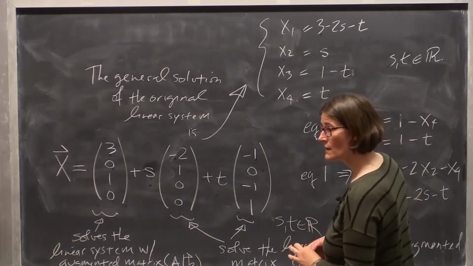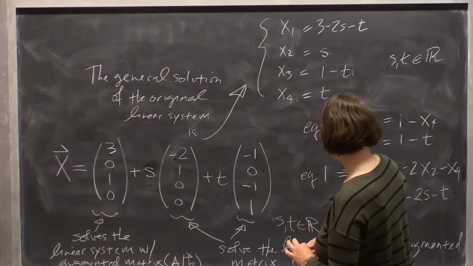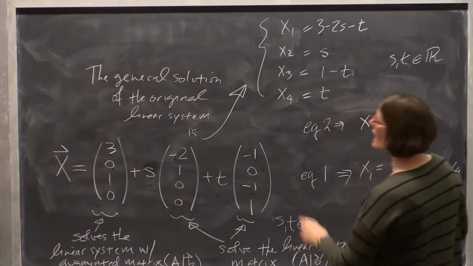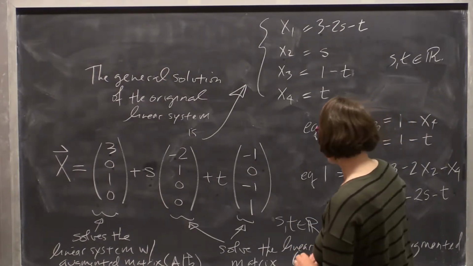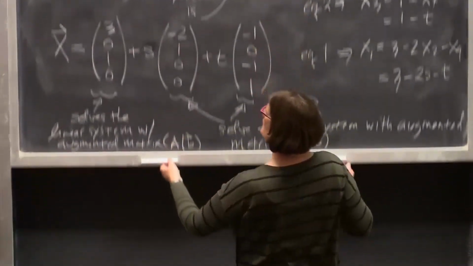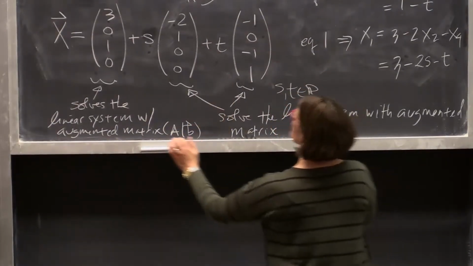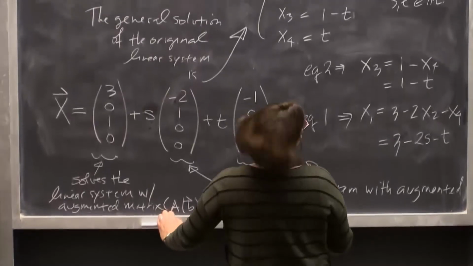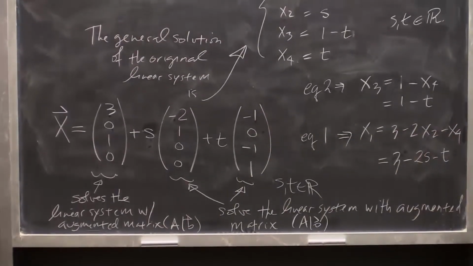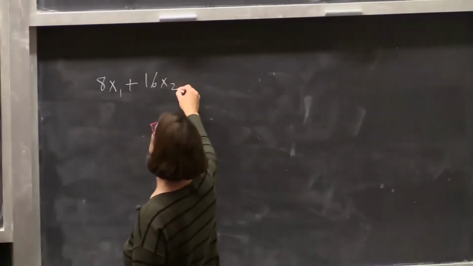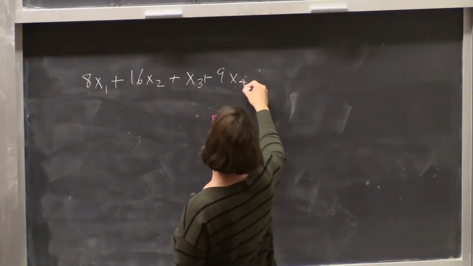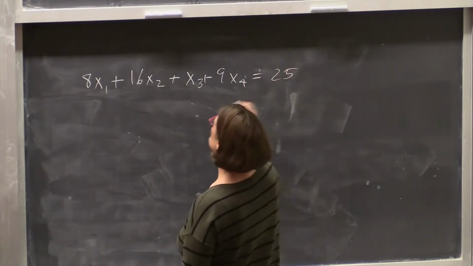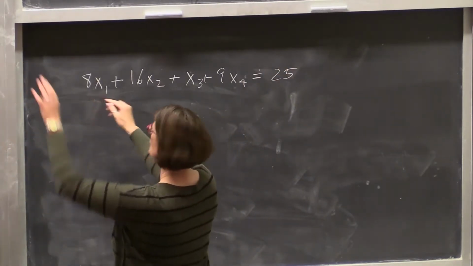How did I show that the second part solves the linear system with augmented matrix? You actually have to plug it in and check. So the original linear system was 8x1 plus 16x2 plus x3 plus 9x4 equals 25, and then equation 2, equation 3.